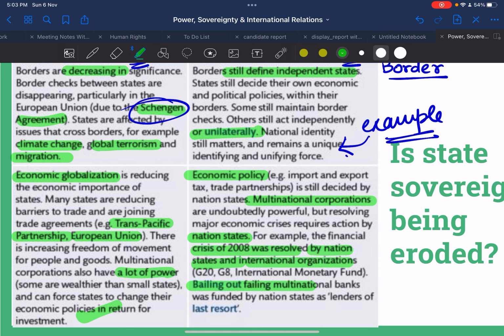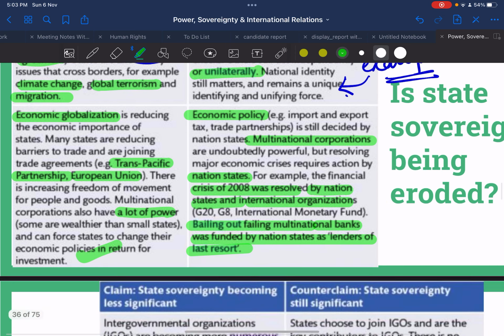Bailing out failing multinational banks was funded by nation states as lenders of last resort. So that means the nation state approach is still highly recommended to bring stability to the international economy. So these are the two sets of claim and counterclaim considering borders and globalization.